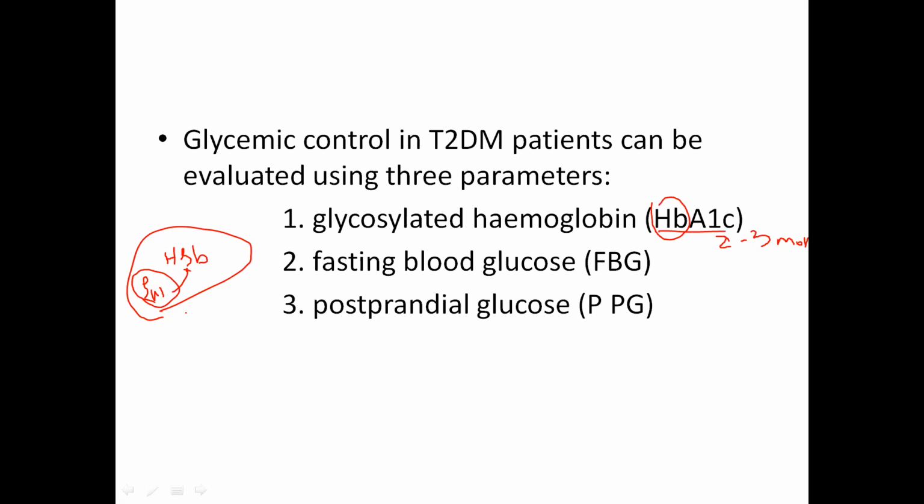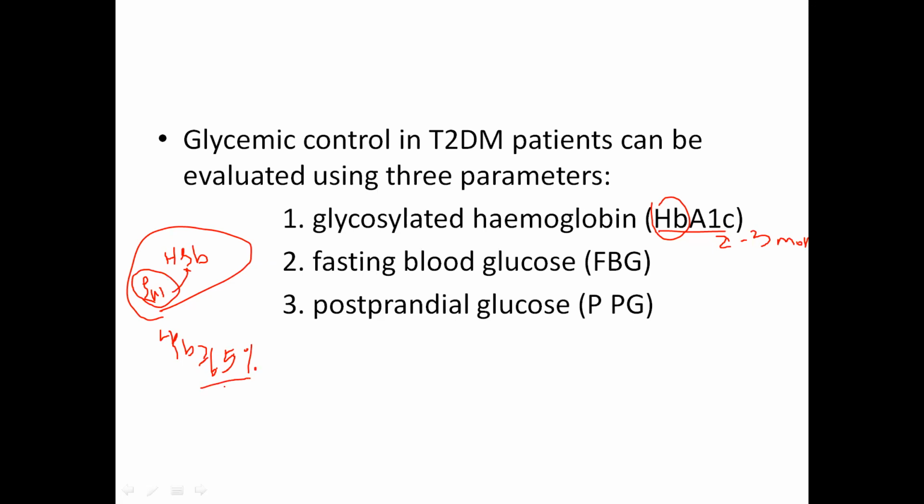So if you find an excess amount of glucose to hemoglobin linkage in the blood, that may indicate diabetes in high concentration. If hemoglobin A1C is greater than or equal to 6.5%, this is diagnostic for diabetes mellitus.